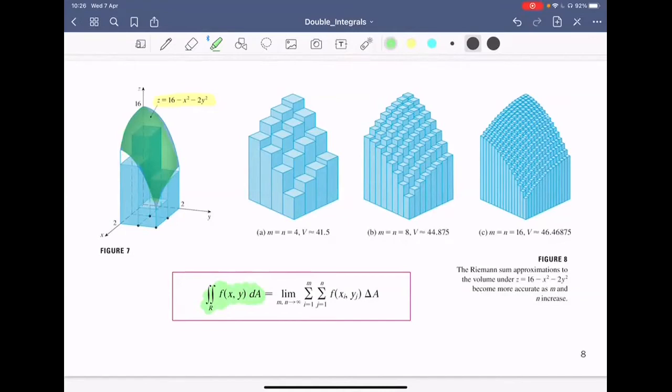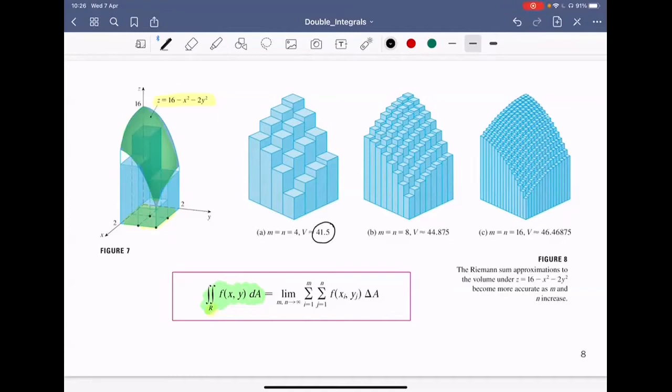I call the base that I highlight in yellow here R. The idea of the Riemann sum is that if you chop the x-axis into 4 pieces and the y-axis into 4 pieces, you get 16 pieces on the base, and then you compute the volume of each box. You get 16 boxes, you sum them up, and you get 41.5.